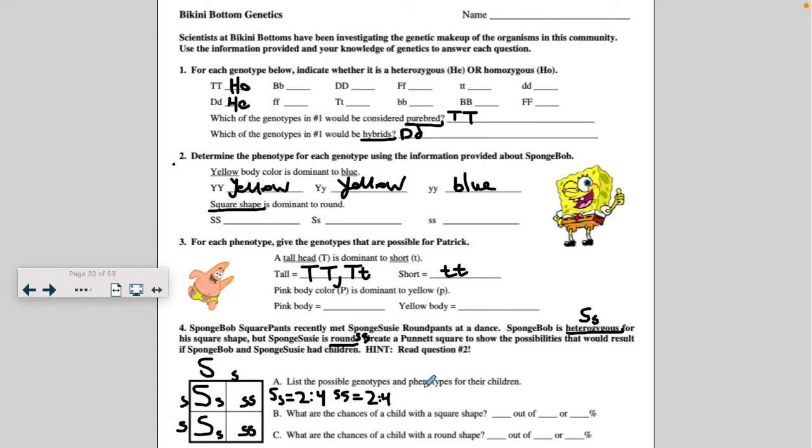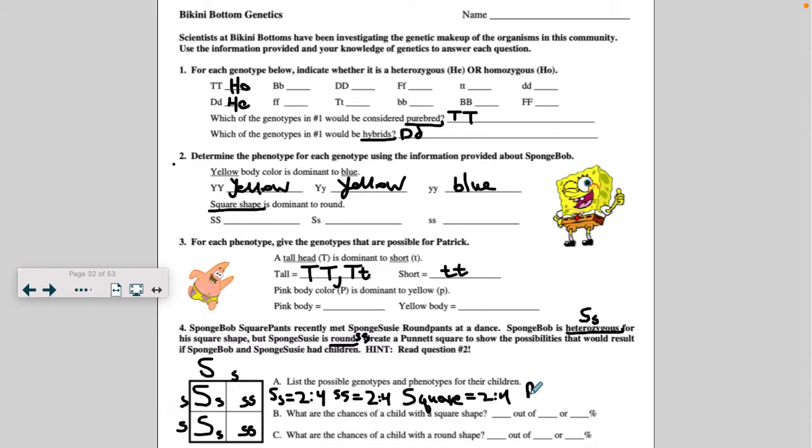That's the genotypes. Now they also want phenotypes. So what is big S? If you have a big S, what shape body are you? You are square. So I'm going to write square. And then I'm going to count how many squares have a big S. 1, 2. That's also 2 out of 4.